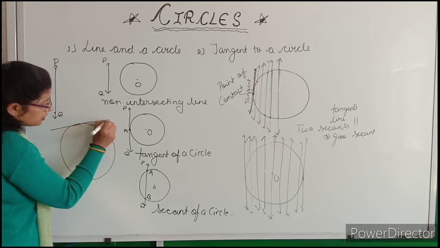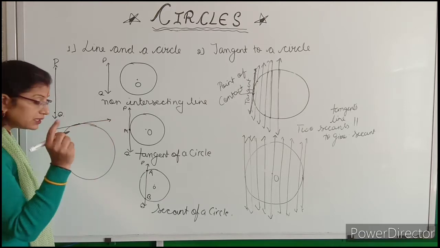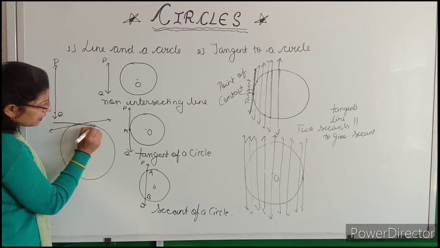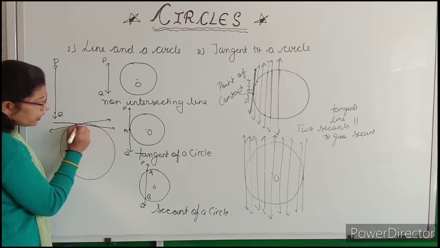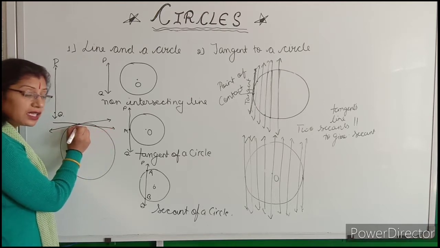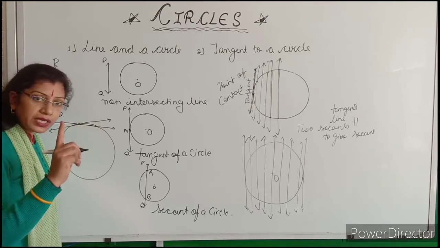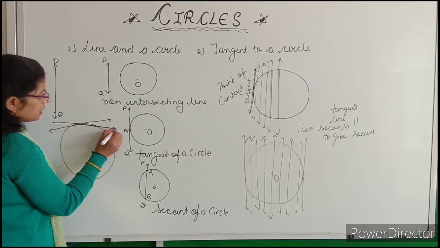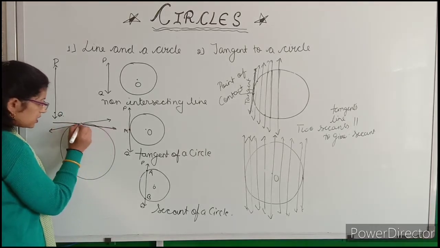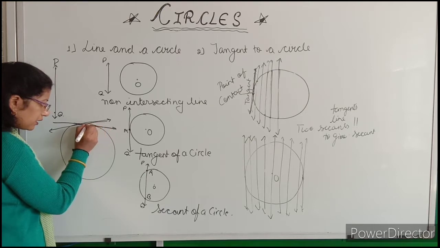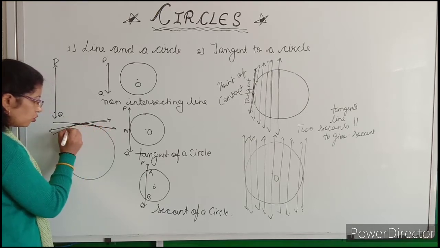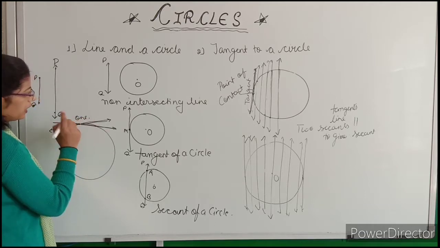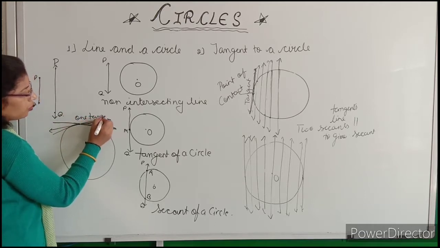If I draw this, okay, this is one tangent, and if I turn this line a little bit, now there are 2 intersecting points on this line. So this is not a tangent now, this is a secant or a chord. Again I am just diverting this line a little bit from this point. Again we got 2 endpoints. So only one tangent should be there from a given point.